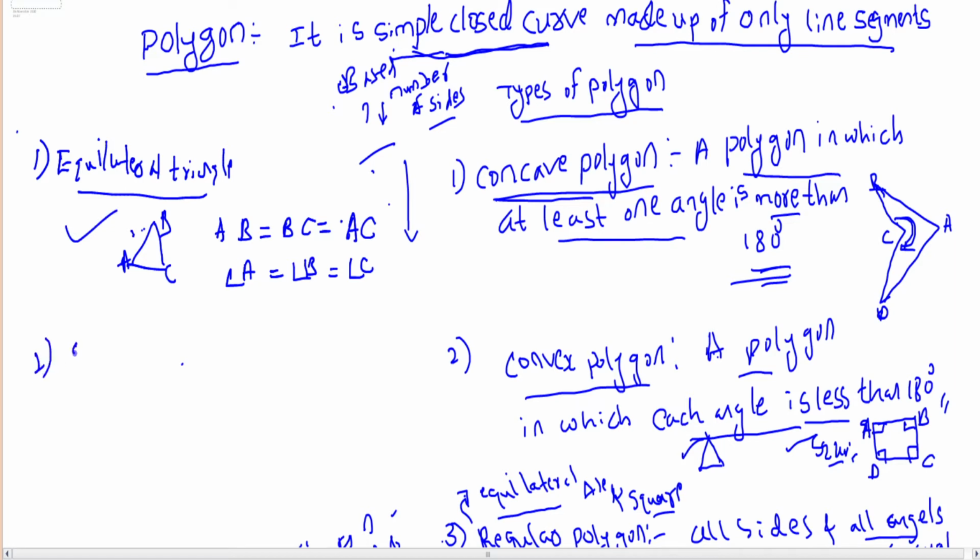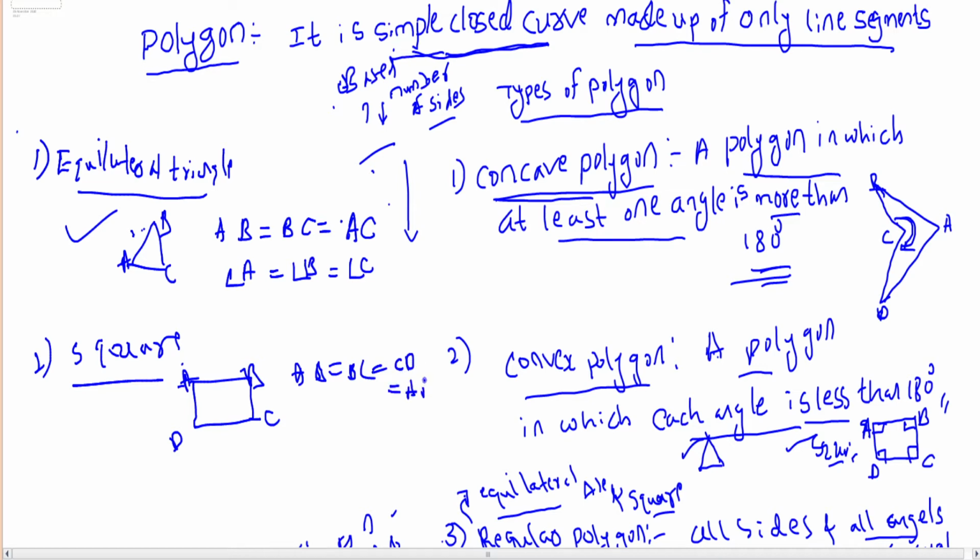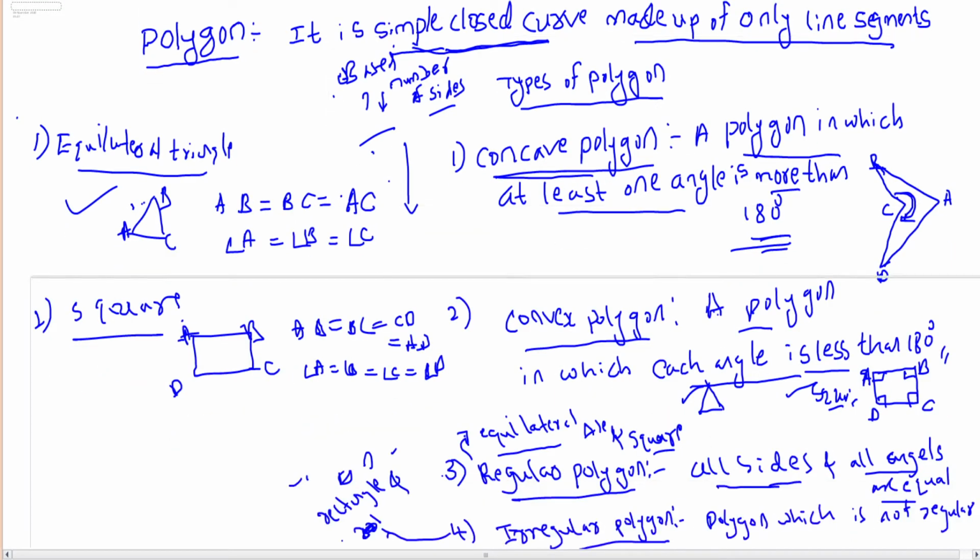For a square ABCD, AB is equal to BC is equal to CD is equal to AD, and angle A is equal to angle B is equal to angle C is equal to angle D. Those are called regular polygons.